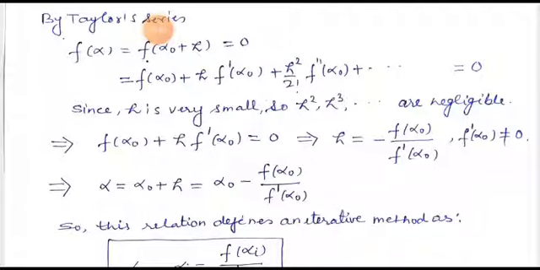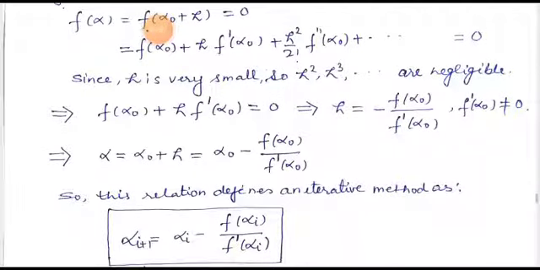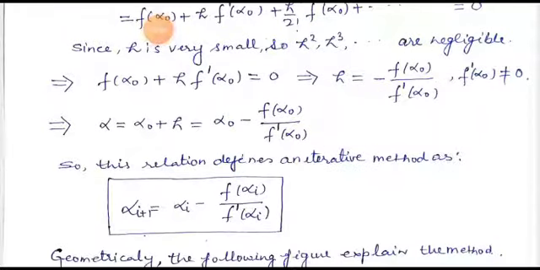Then after transformation we get h is equal to minus f(alpha 0) upon f dash(alpha 0). Here it is provided that f dash(alpha 0) should not be equal to 0, because if f dash(alpha 0) is 0, then the value of h is undefined.